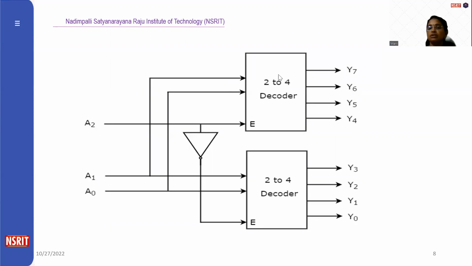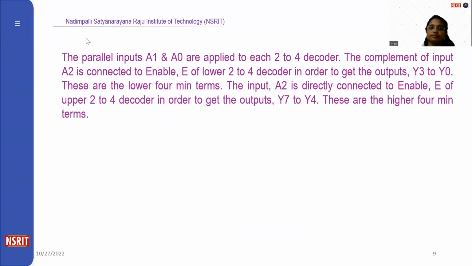Here it is 0, 0, so this decoder gives a high output at Y4. 0, 1 gives an output at Y5, 1, 0 at Y6, and 1, 1 at Y7. So for the upper combinations we get outputs Y4, Y5, Y6, Y7, and for the lower four combinations we get Y0, Y1, Y2, Y3. In this way we construct a higher order decoder by using lower order decoders.